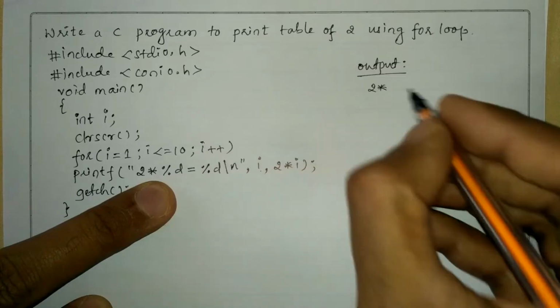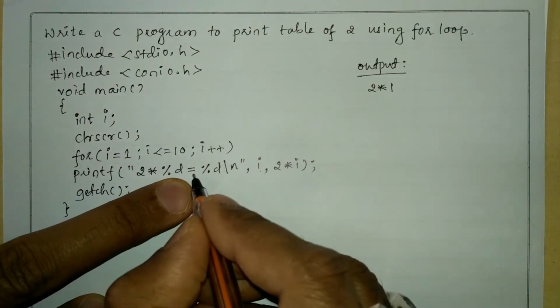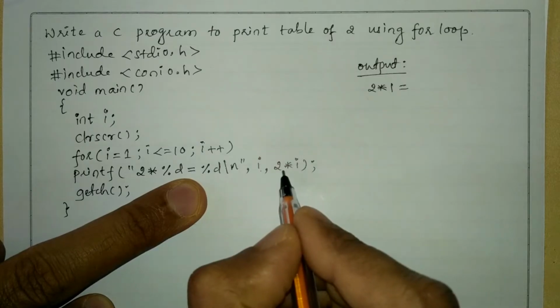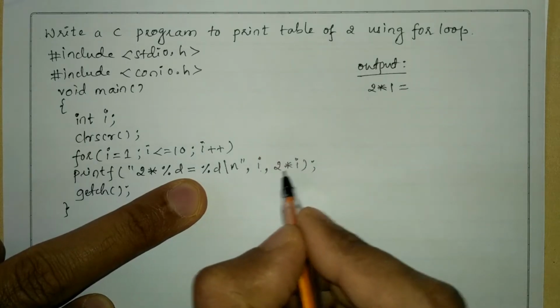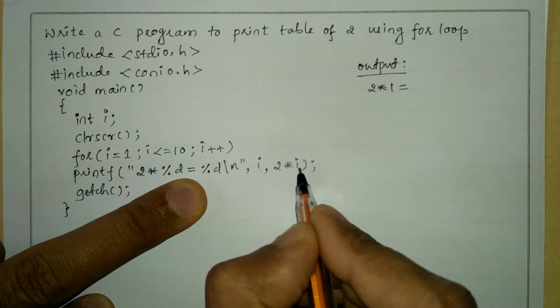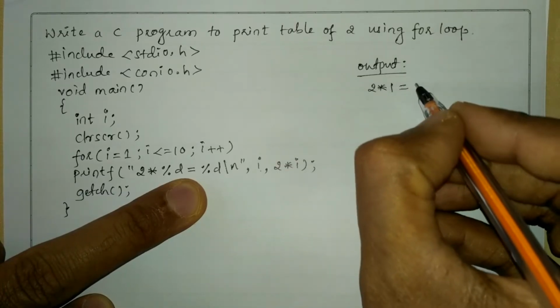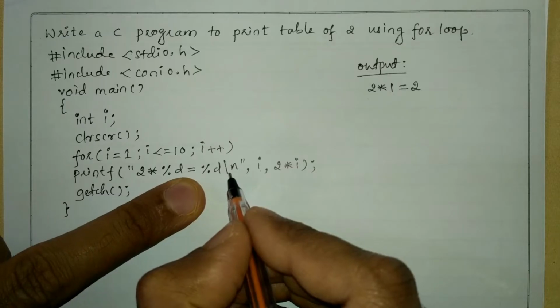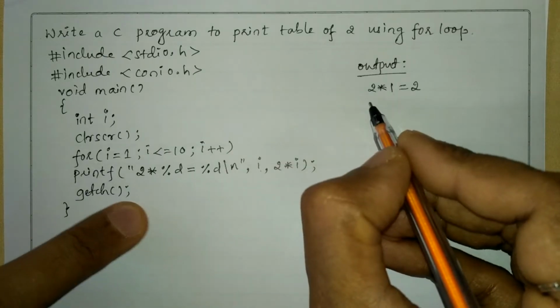For the first time it is 1. So 2 into and equal to will be printed as it is, and this %d is associated with the next expression 2 * i. So 2 * i, value is 1, 2 into 1 is 2. So 2 will be printed over here. Just because of this \n, cursor will come down to the next line.